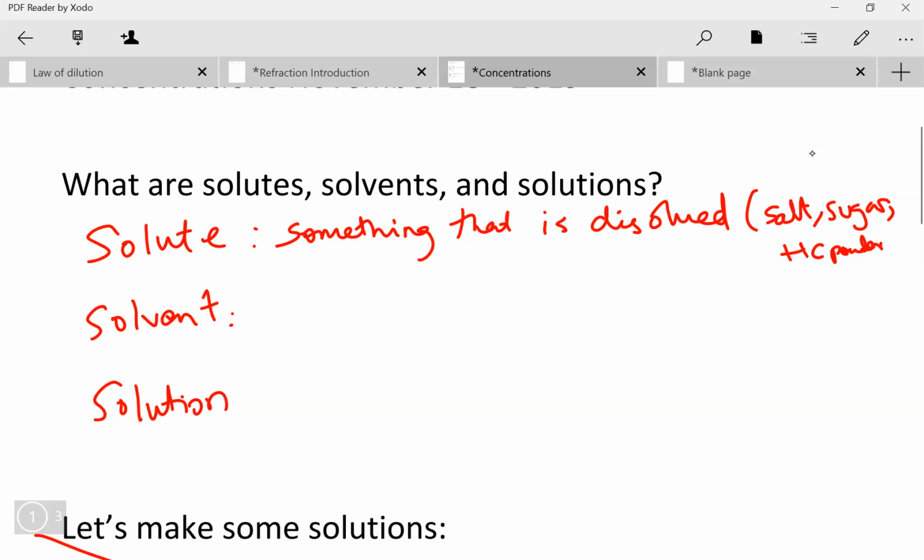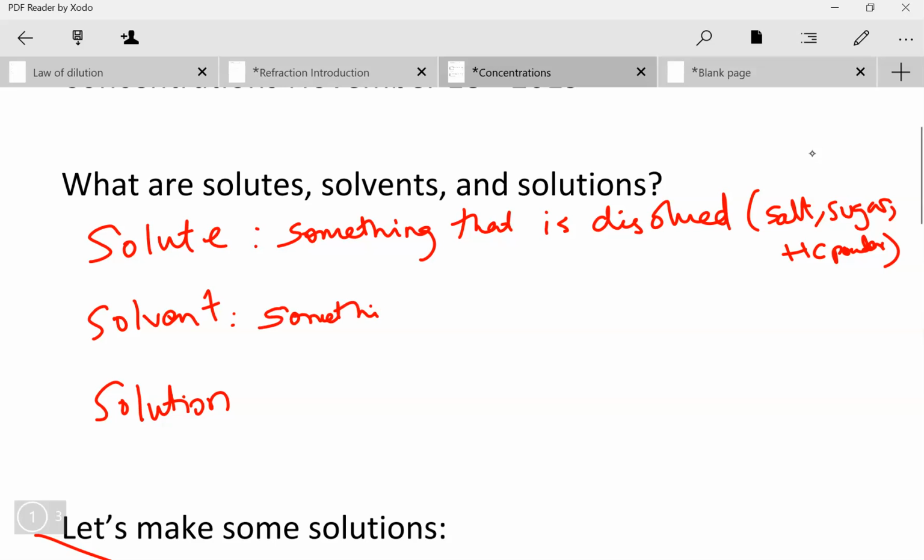So this is a solid. Usually it can sometimes be a gas or a liquid, but it's the substance that is dissolved. It's usually present in a smaller amount than your solvent, which is the substance. I should really say substance instead of something. Let me just erase that and say substance because that sounds better.